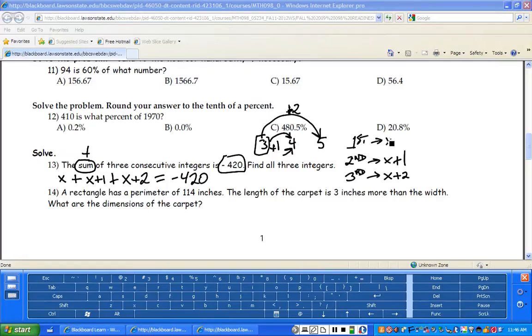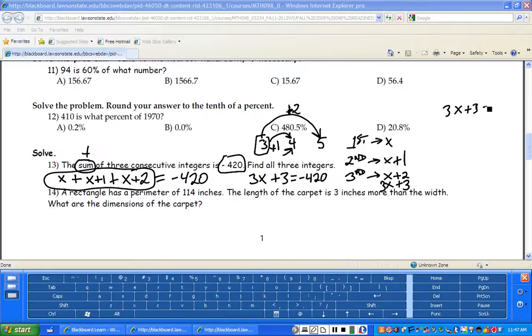So there's an x, here's an x, here's an x, so that gives you 3 x's. This 1 and this 2 gives you a positive 3. So at the end of the day, all of this really simplifies down to 3x plus 3, and it's still going to equal negative 420. Okay, so now you have an equation you can work with.